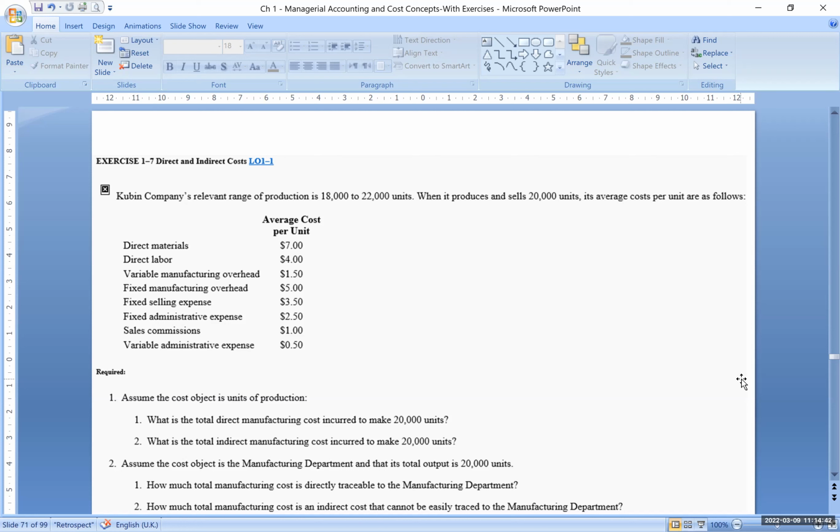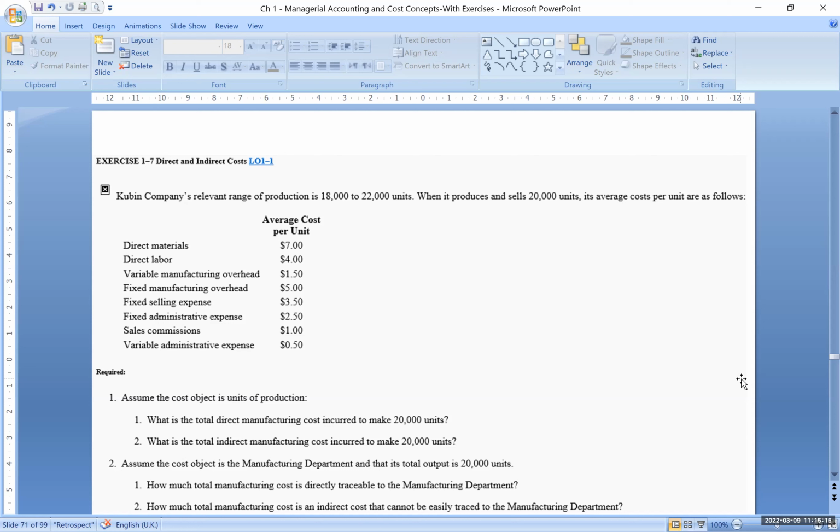So the cost object in this case will be the department, and the output is 20,000 units. What is the total manufacturing cost directly traceable to the manufacturing department? And the second question, how much total manufacturing cost is an indirect cost that cannot be easily traced to the manufacturing department? Let's do the first one.